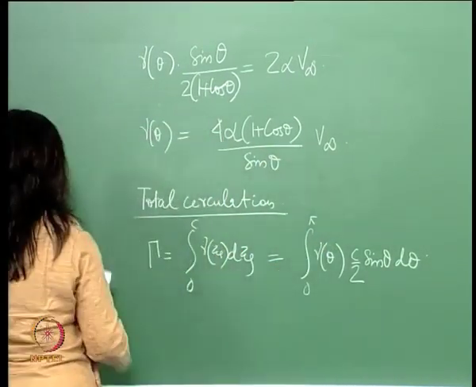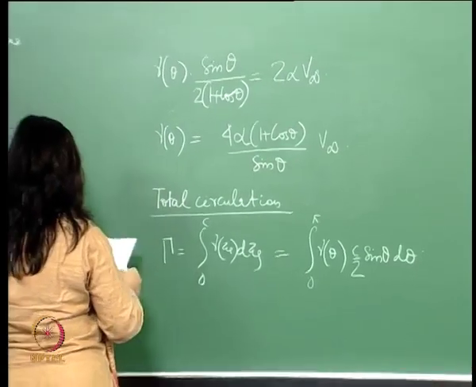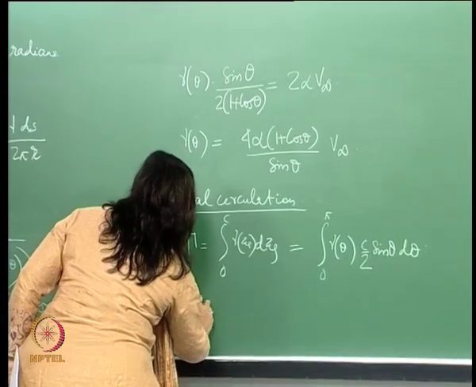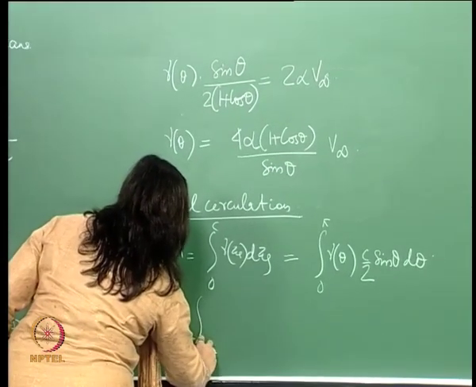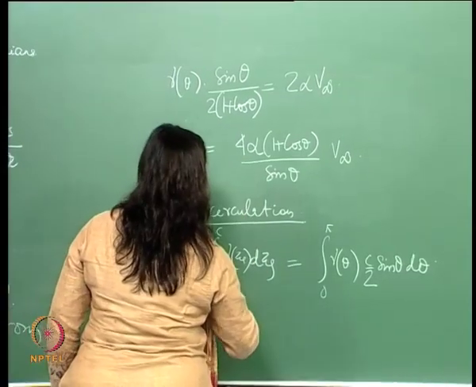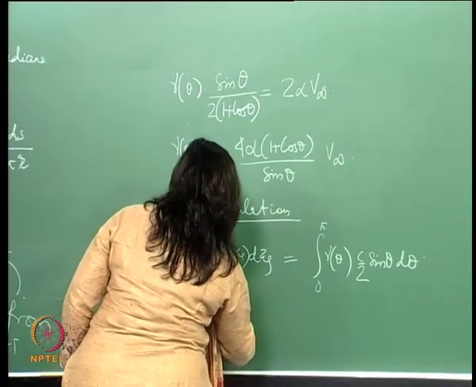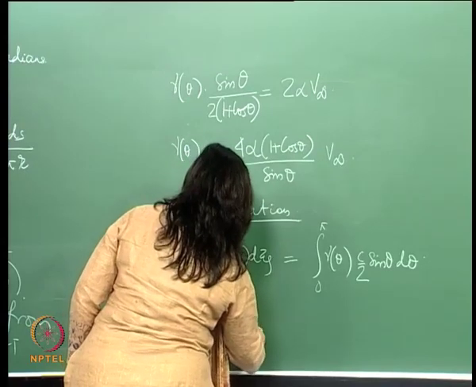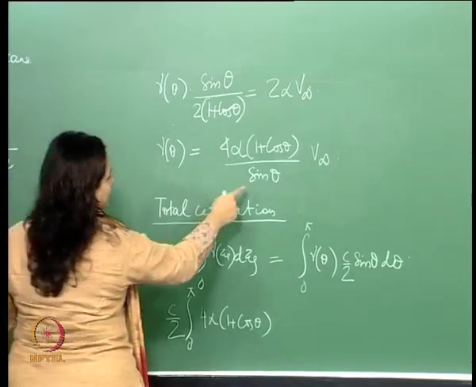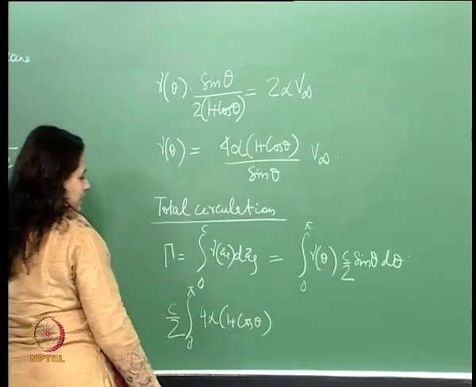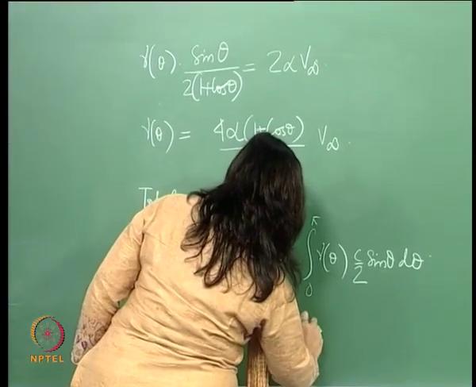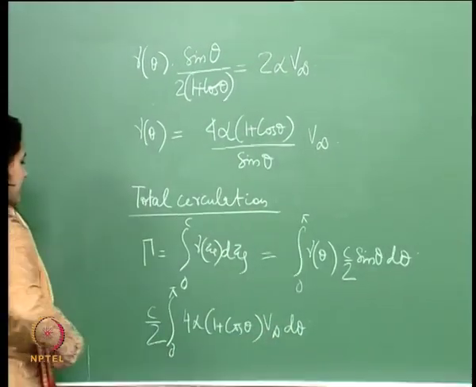We will bring in this expression of gamma theta into here. So, this becomes c by 2, integral 0 to pi. Gamma theta is 4 alpha (1 plus cos theta) by sin theta, so this sin theta and this sin theta cancel out. Then we have v infinity and d theta.